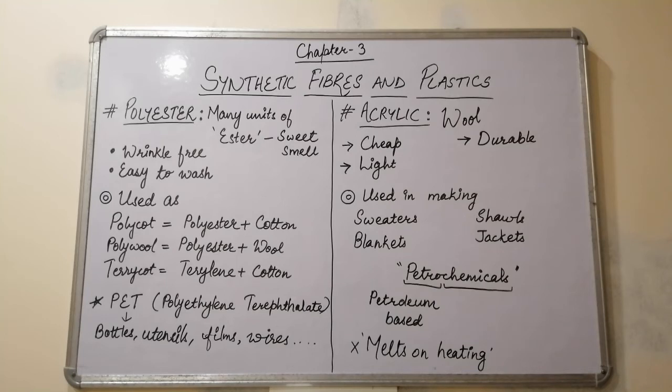Whenever there is direct heat, the synthetic fibers get melted as they are heat sensitive, and due to this heat sensitivity, they easily get melted. For example, suppose there is a person wearing a synthetic fiber in the form of dress material, and there is some fire, or some chemical spills, or some hot acid spills on the dress material.